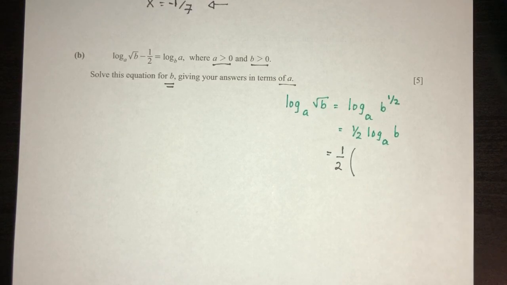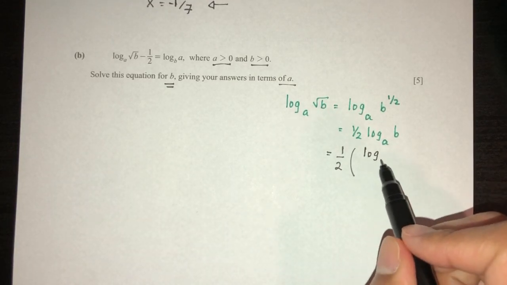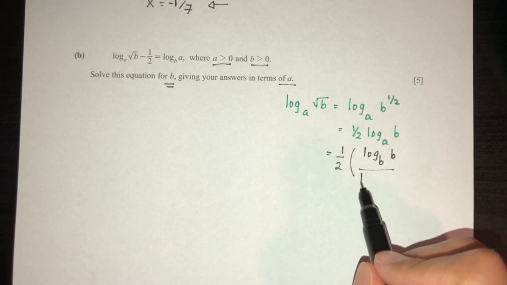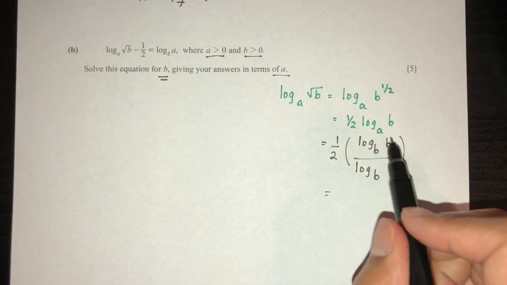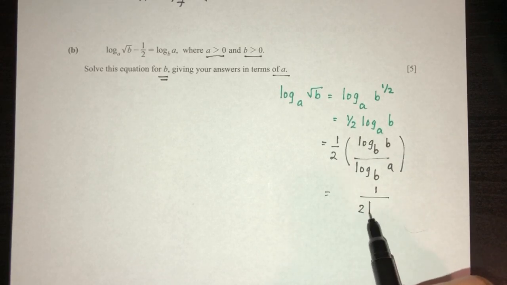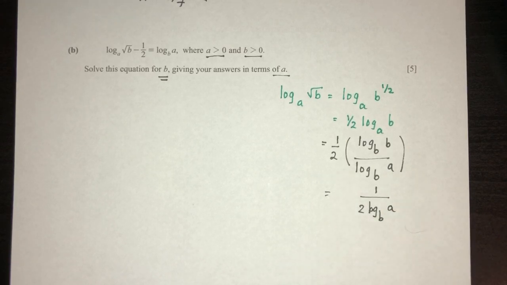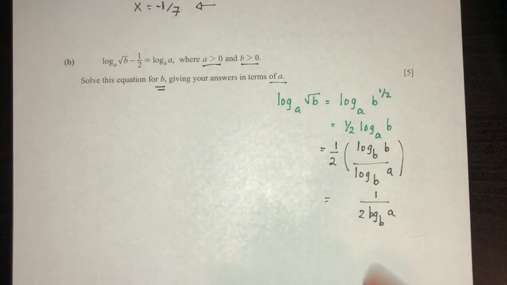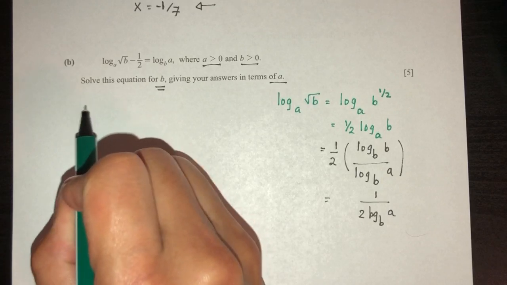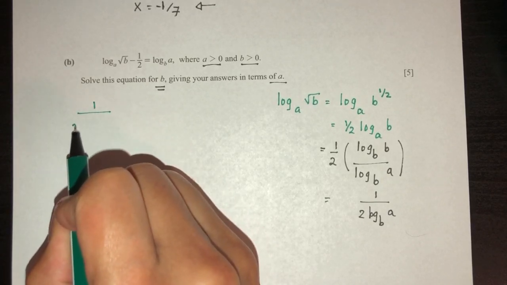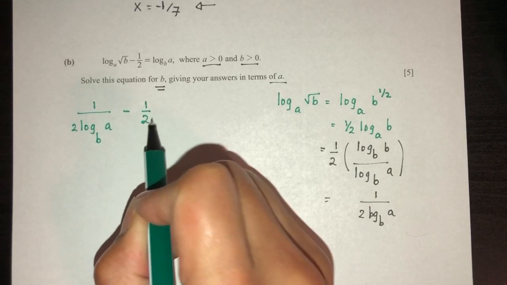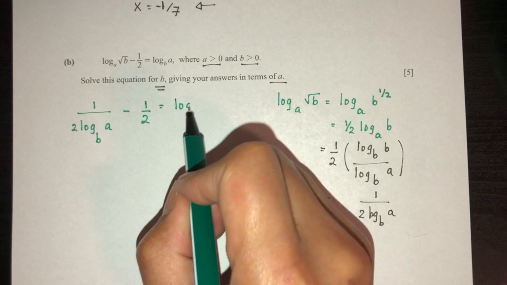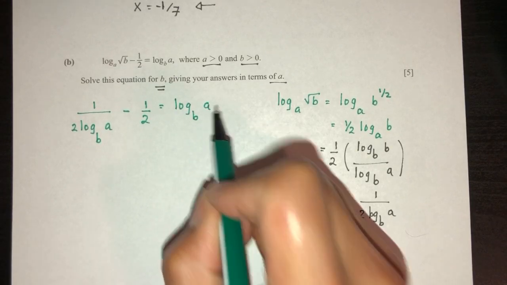That will be equal to log the base of B, B over base of B, A. This is 1, so it will be 1 over 2 log base B, A. Now you can replace this one back in your equation. You will have, on this side, 1 over 2 log to the base of B, A, minus half equal to log base of B, A.